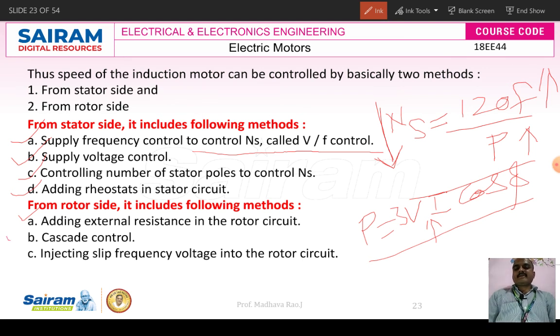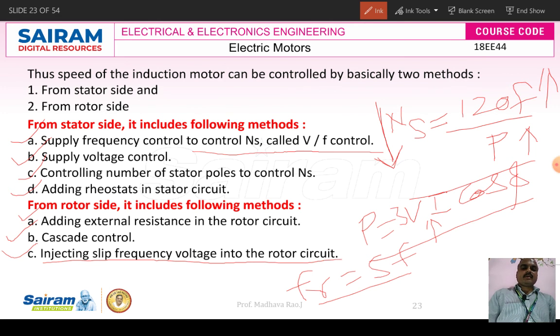Next is the cascade control method, which is also like the rotor resistance method, on the rotor side, injecting a slip frequency voltage into the rotor circuit. The rotor frequency is equal to S into F, so by decreasing the slip, the rotor frequency decreases.